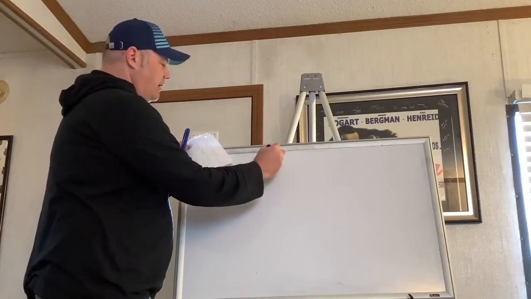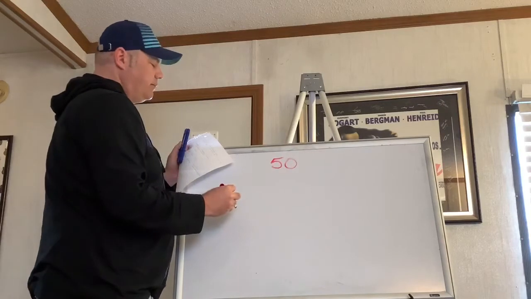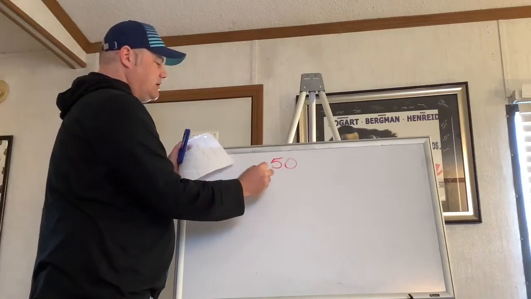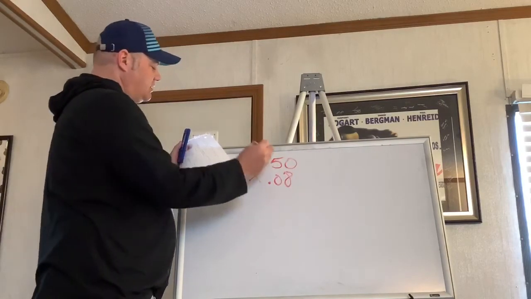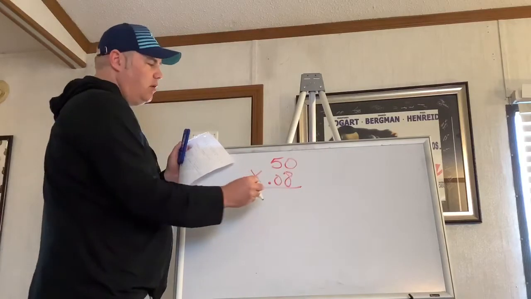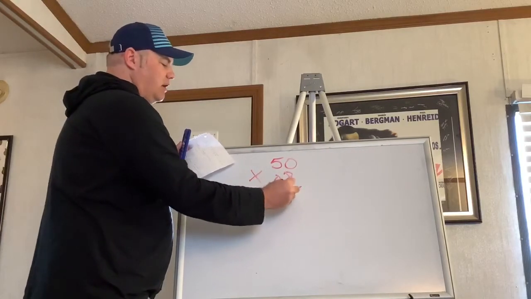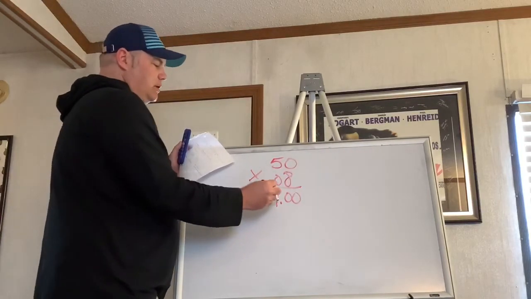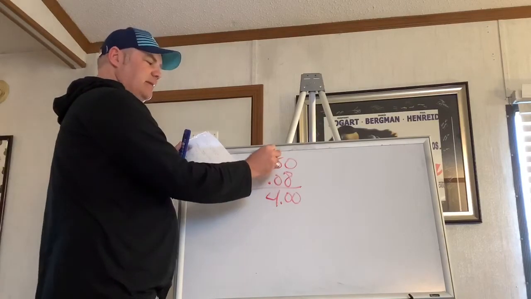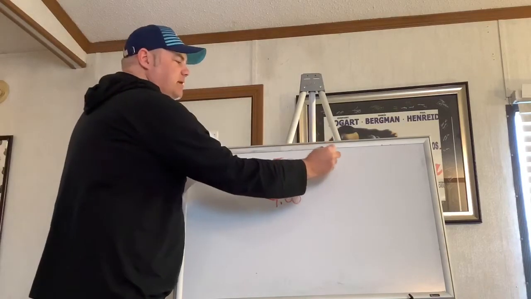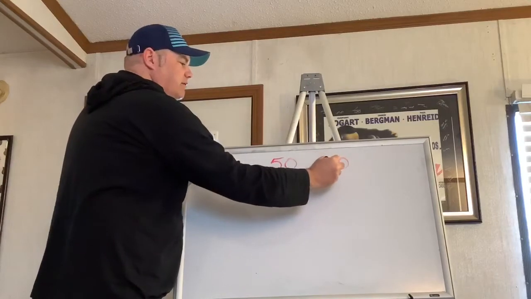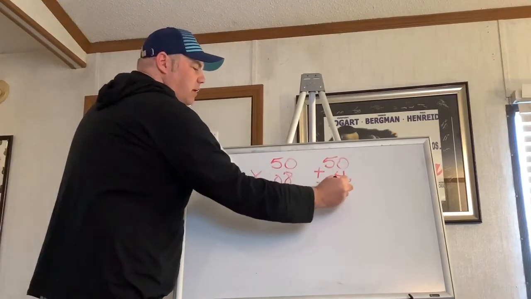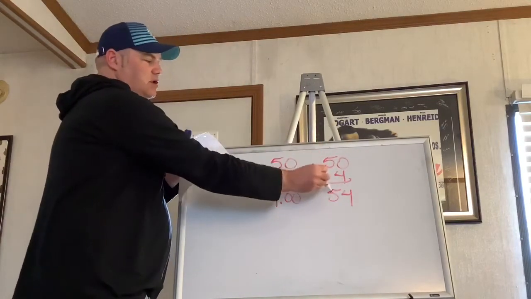So the first one, you had a $50 meal and you paid 8% tax. So that's just like the first problem we did a while ago. This is going to come out to $4. And so when you go to do your tip, you're not tipping off of $50. You are now tipping off of 50 plus $4, 54. You are going to tip off this new total.